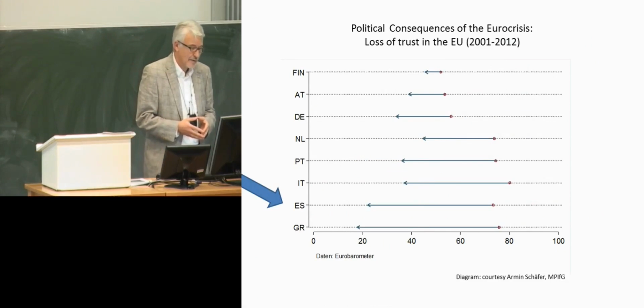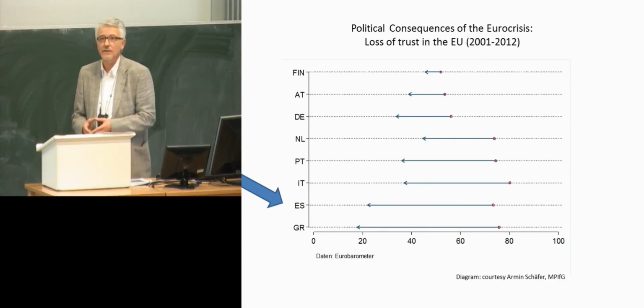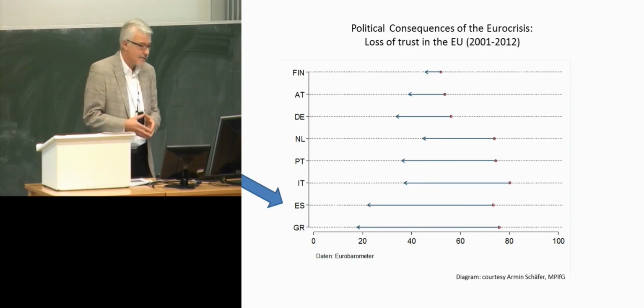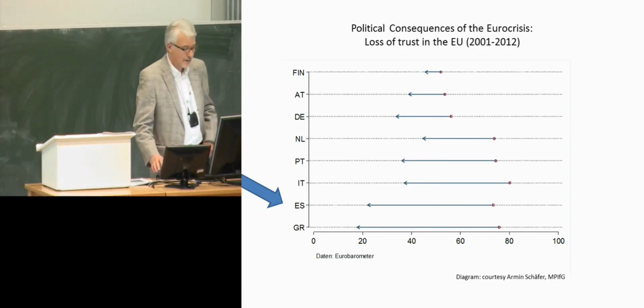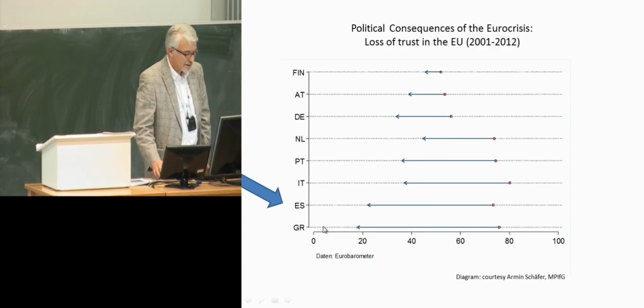The Eurobarometer reports a loss of trust in the EU since the beginning of the crisis and accelerating in the wake of the crisis. So the loss of trust is highest in the southern countries. Greece, extreme loss, from almost 80% confidence to less than 20%. This is a complete collapse of trust.